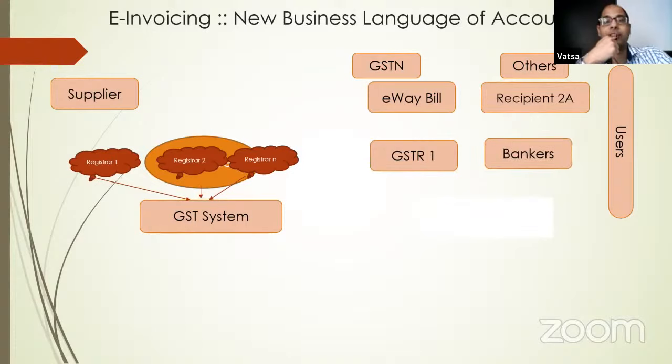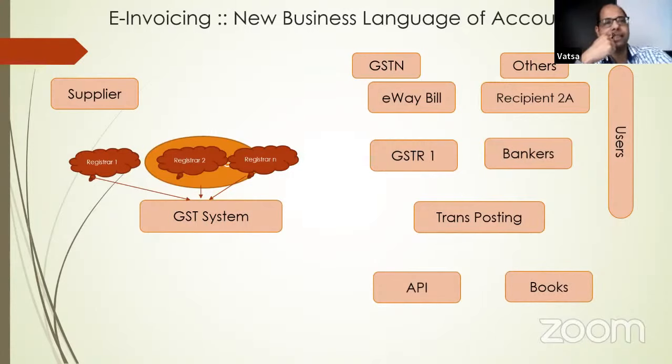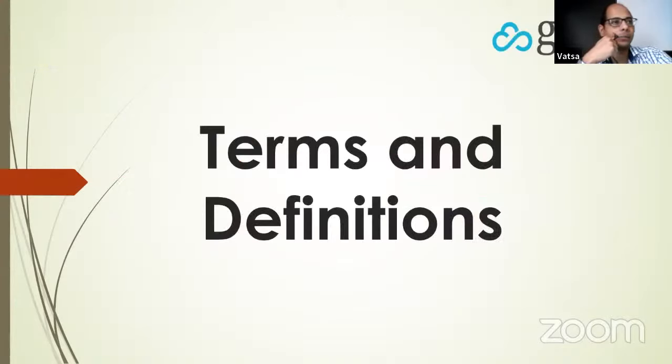And there is also a facility in the future to send this to bankers to enable other financing activities based on the electronic invoice that is prepared. And finally, that document can also be sent to populate your books of accounts. For example, you can import all these details, these transactions, into your Tally. These things can happen automatically.